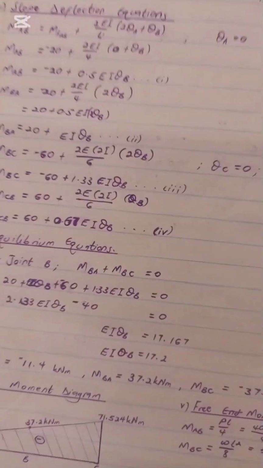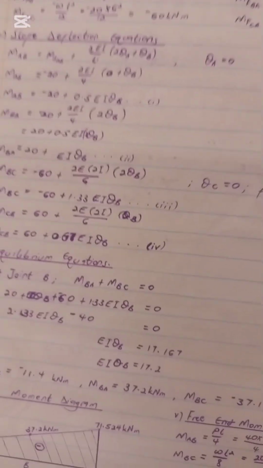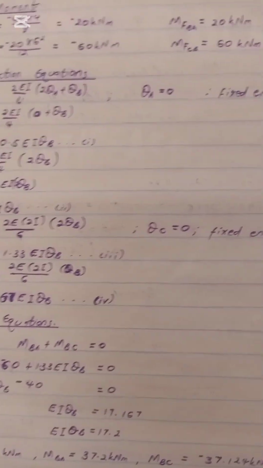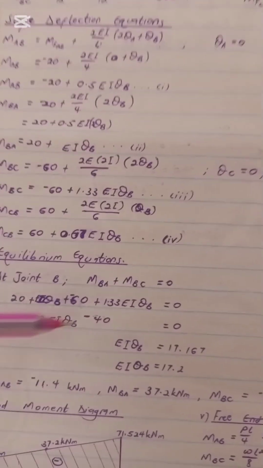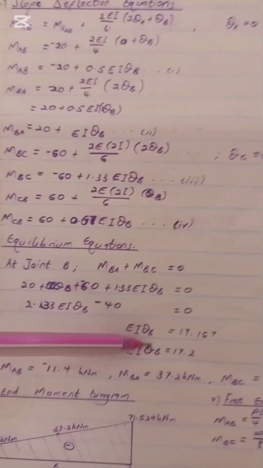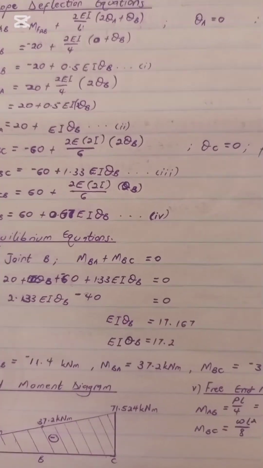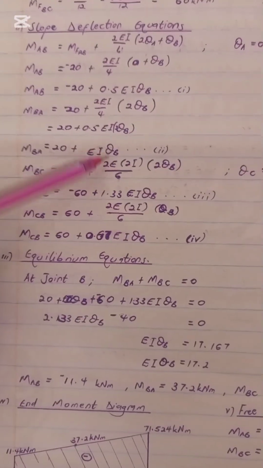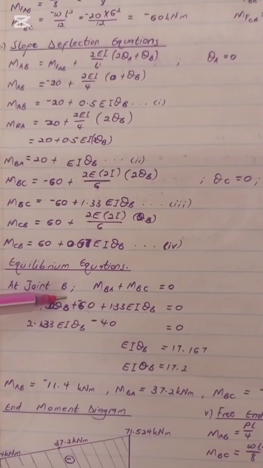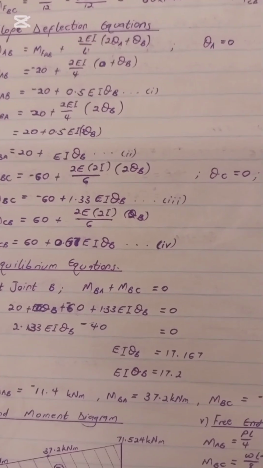So when you calculate this, we're finding the flexure rigidity, which is at this theta B, and we've found it as 17.2. So you substitute this 17.2 in all these equations that were numbered up here, and you find the respective moments.